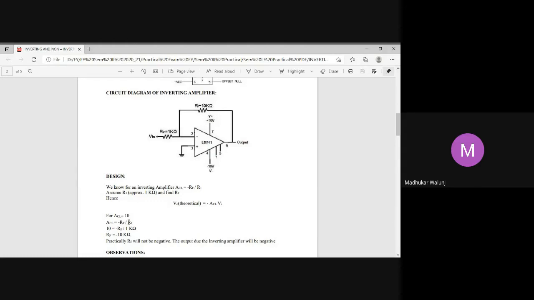So now in this case, minus Rf upon R1, if we just take the value of R1, we can find out the value of Rf, or we can take the value of Rf and we can find out the value of R1. So if we take the R1's value equal to 1 kilo ohm, the Rf finally will come, that is equal to minus 10 kilo ohm.